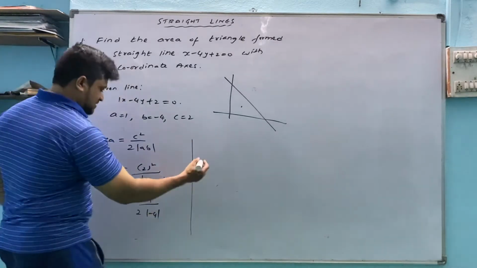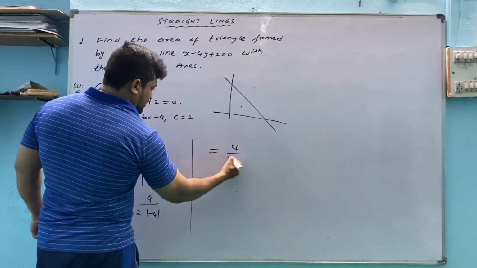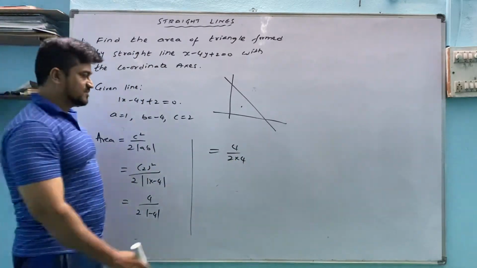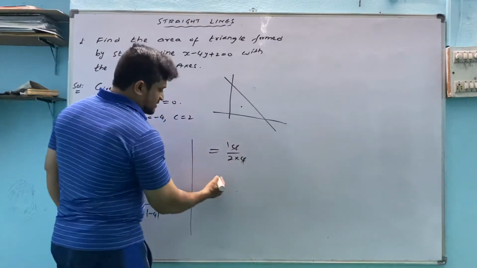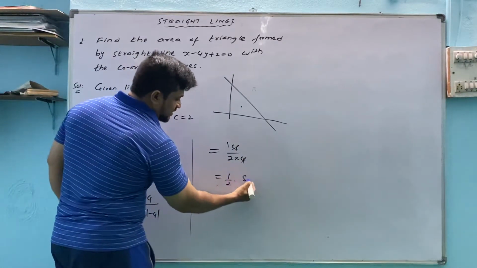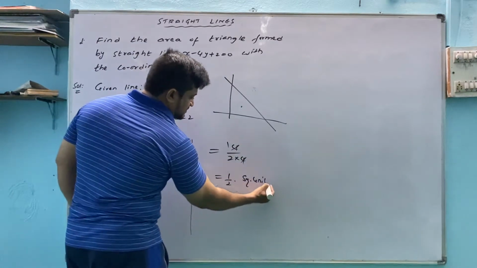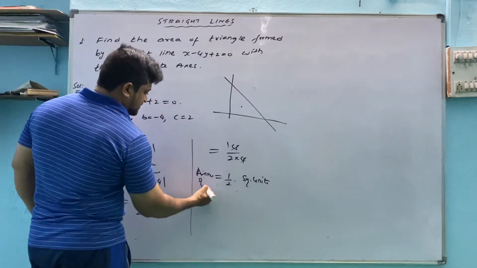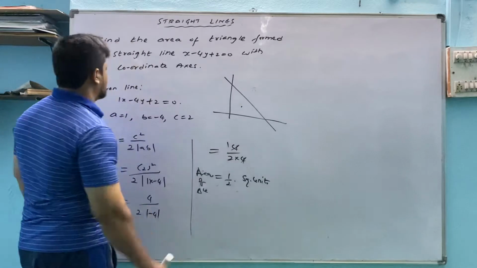So this is 4 by 2 into 4. The modulus of any negative value is positive. So 4 cancels, and we get 1 by 2 square units. This is the area of the triangle.